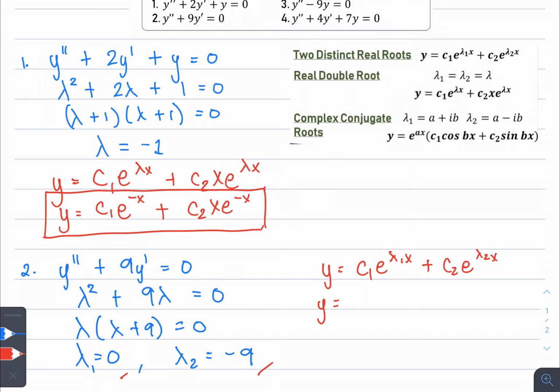Substitute the lambdas. So we have c1 e0. So we can just write this as just c sub 1 plus c sub 2 e negative 9x. This is our general solution for the second ODE.